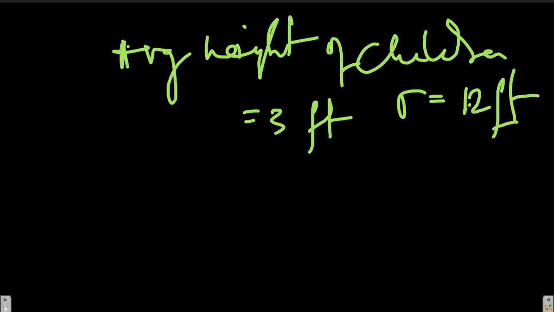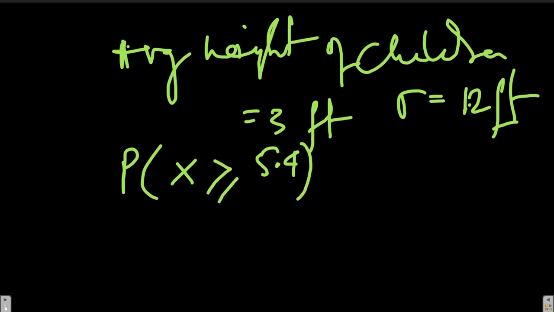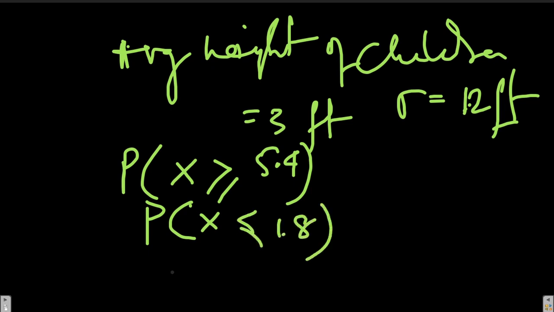Now I want to know the probability of x greater than or equal to 5.4, the probability of x less than 1.8, and the probability of x greater than 6.6. I will give this task for you to solve.